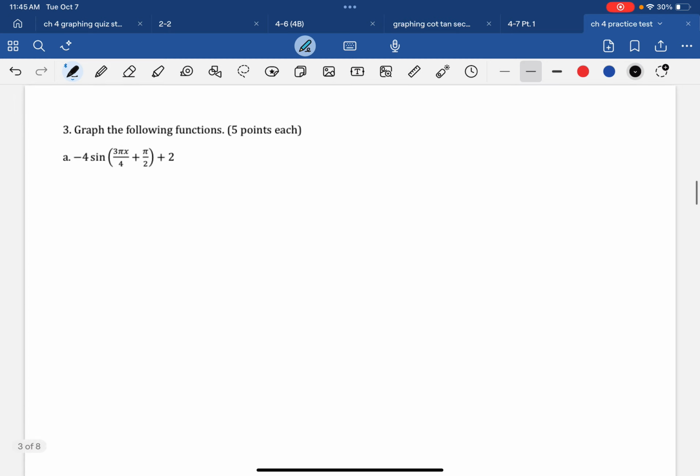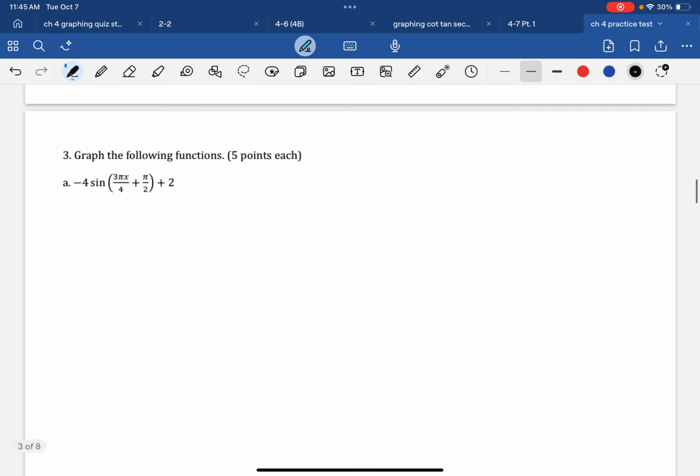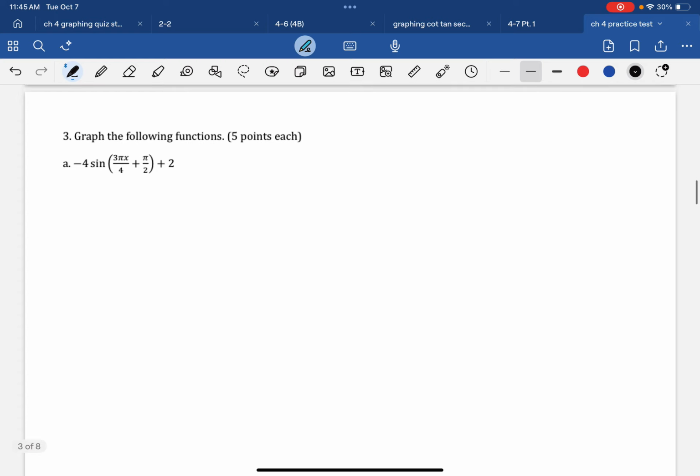Next is a graphing question. Both of these graphing questions are not so easy because we have both vertical shifts and also horizontal shifts. That can be a little tricky.